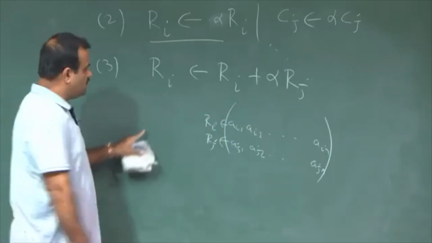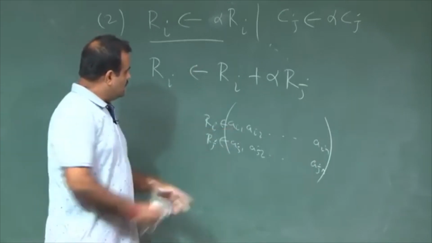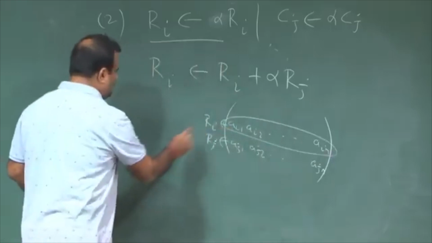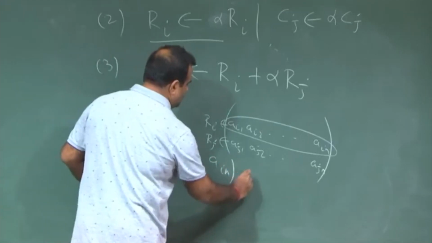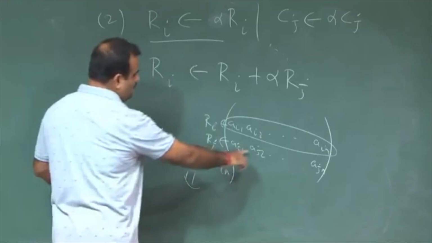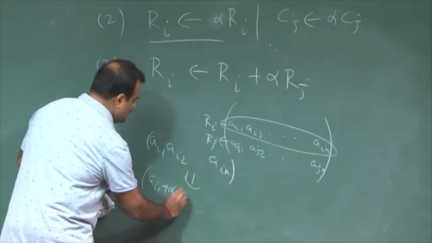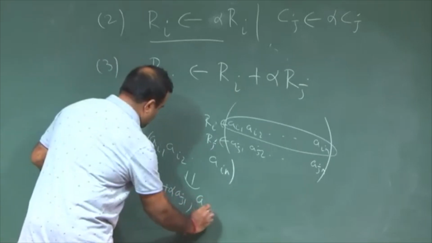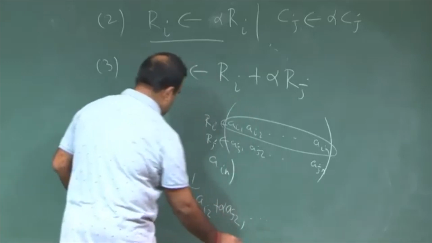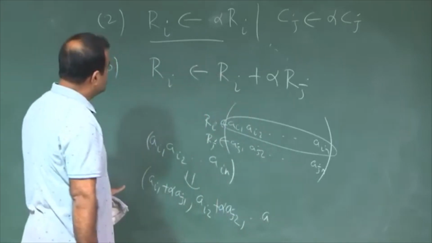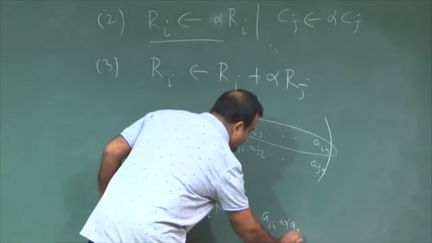Under this operation, what we are doing is multiplying the jth row by alpha and then adding it to the ith row, replacing only Ri. So, Ri is replaced by ai1 plus alpha times aj1, ai2 plus alpha times aj2, and so on, ain plus alpha times ajn.